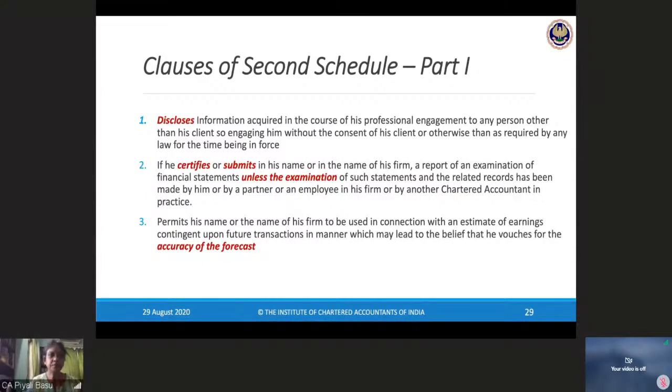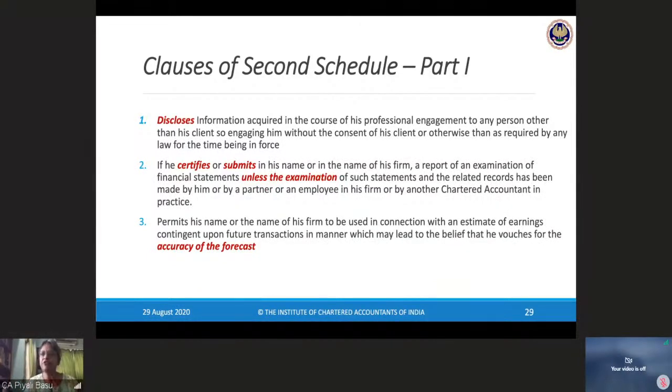Okay. Now, as I said, there will be cases where information can be disclosed, as we are saying, that we can disclose information if it is required by the statute, if it is required by the law that is enforced during the time of our professional work. Now, it may so happen that the work is such that we need to report to the statute.